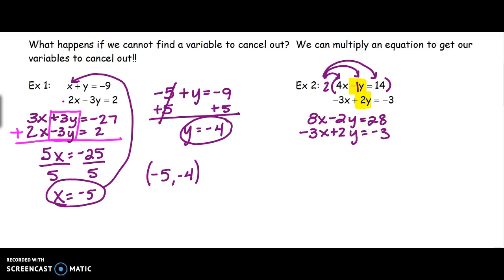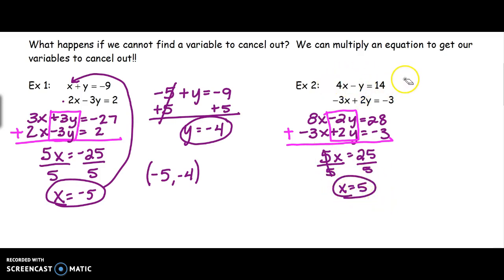And you can see that your y's again are going to be the ones that will cancel when you add this together. So 8 plus a negative 3 is 5x. 28 minus 3 is 25. When you divide by 5, x equals 5, positive.